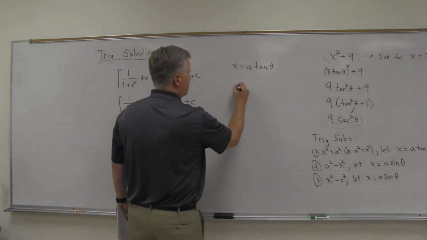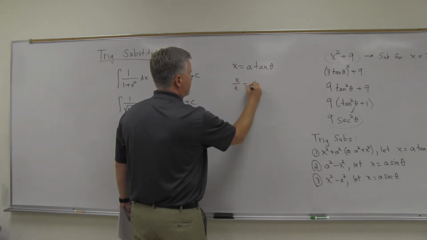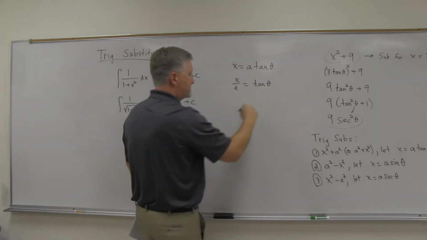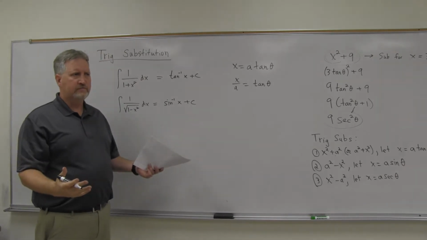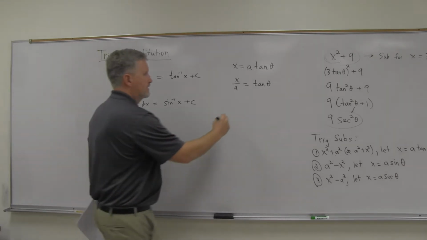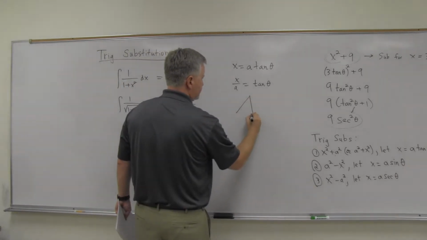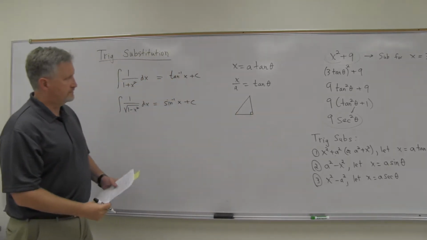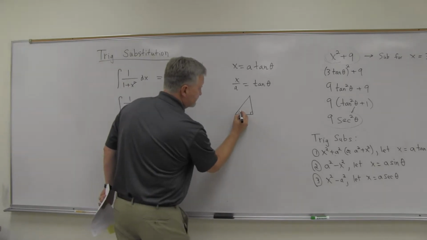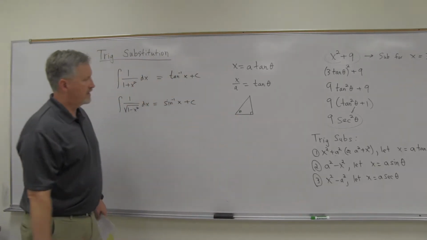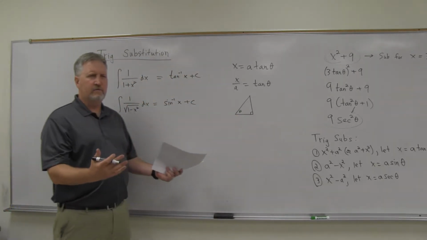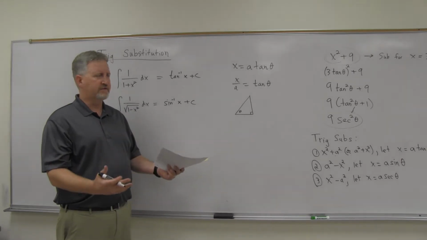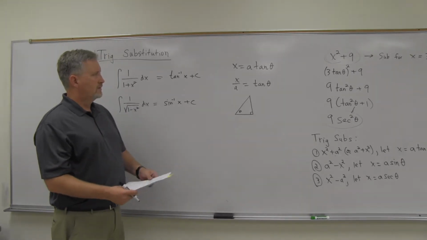If I divide both sides by a, x over a equals tangent of theta. What that sets up is our fundamental triangle ratios, whatever you want to call them. So don't forget about those. What I can say is, if I choose this one to be our theta angle, tangent being what's tangent as far as the relationship of the sides of that right triangle.